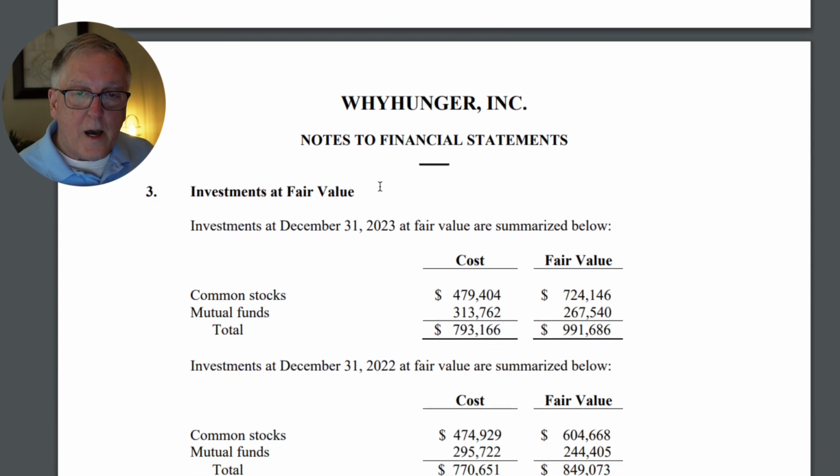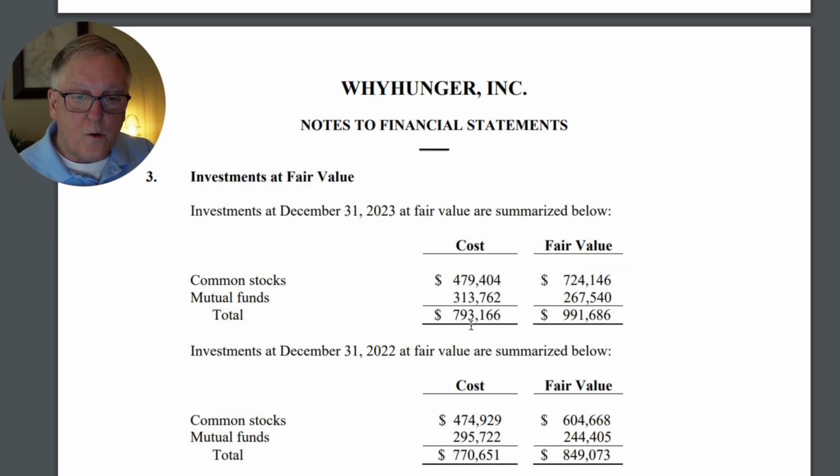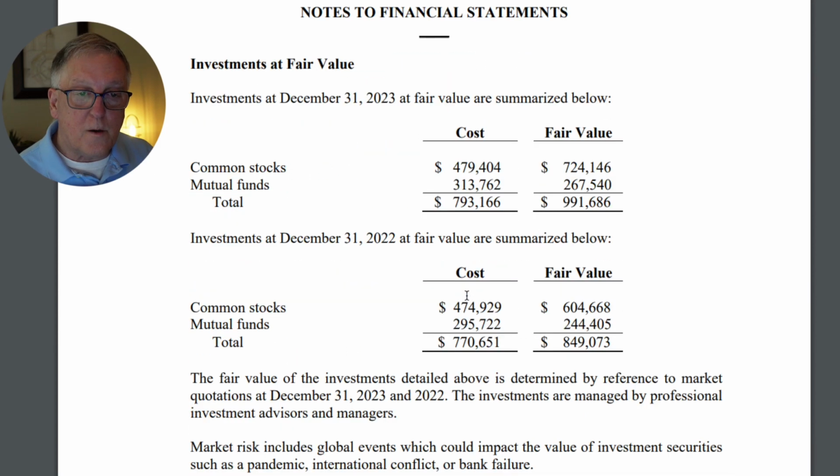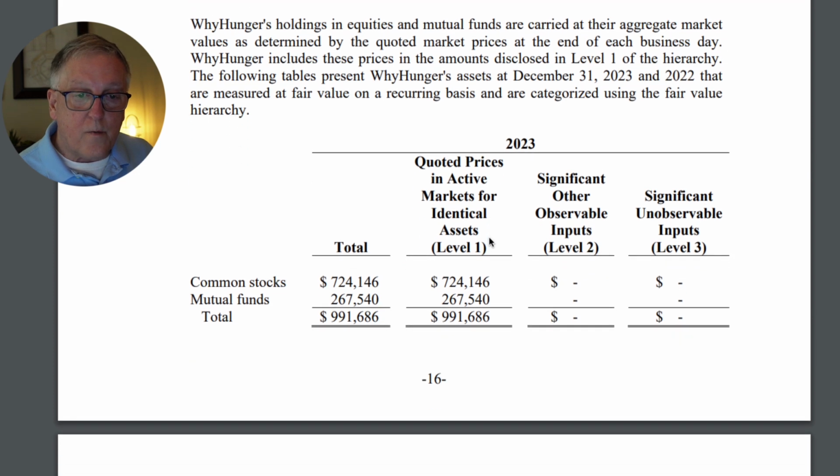And then we get back into notes that really tie back into the statement of financial position. So these totals here are going to tie back into that statement, but they're giving you the composition of their investments. If we go on down, we see the fair value disclosures.